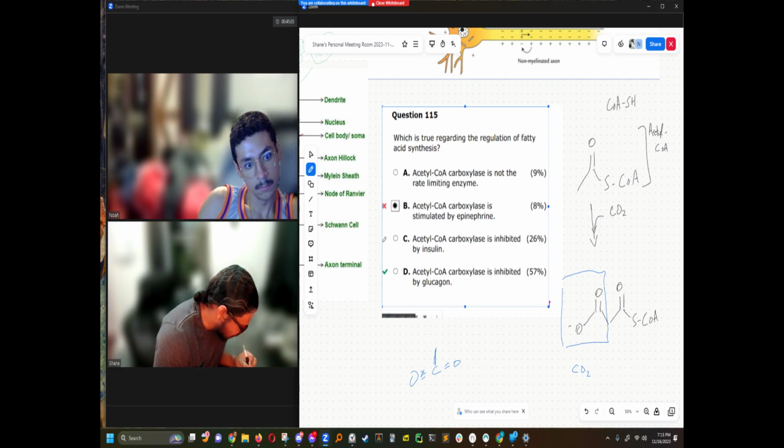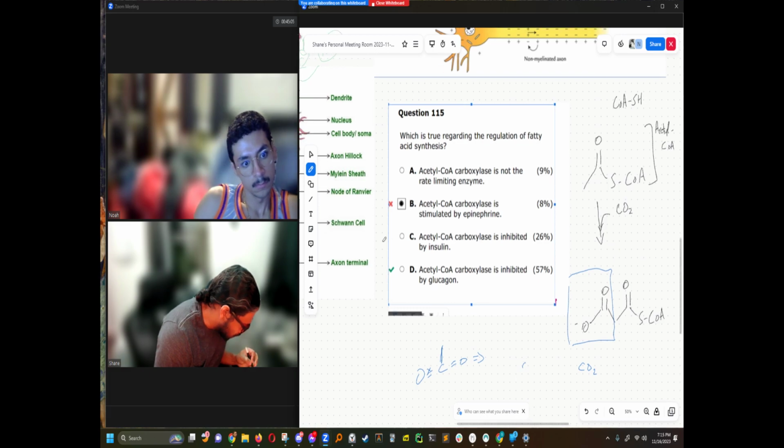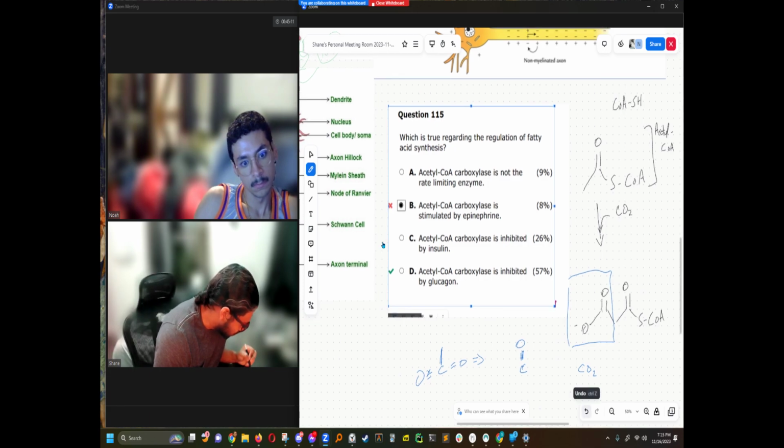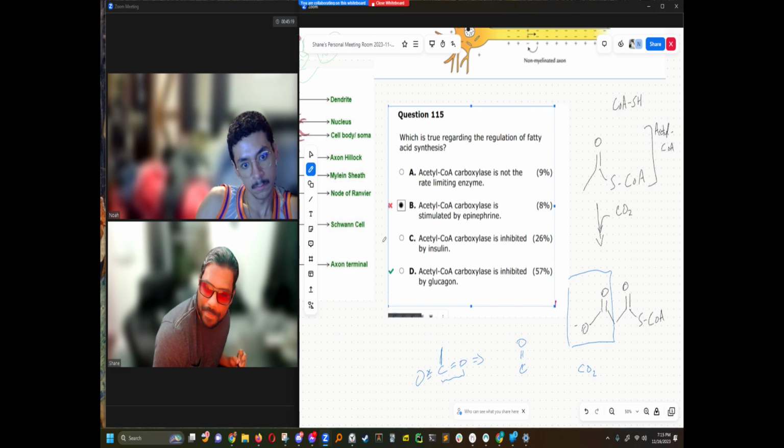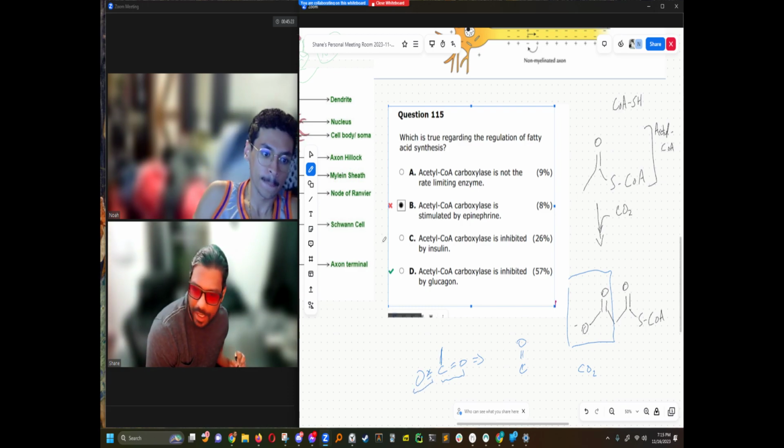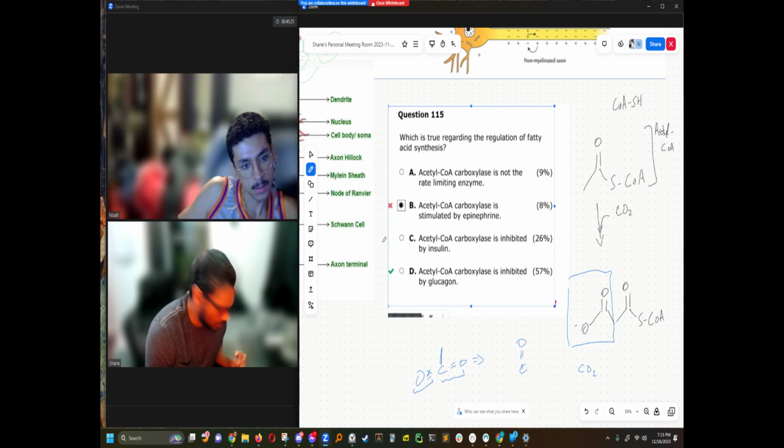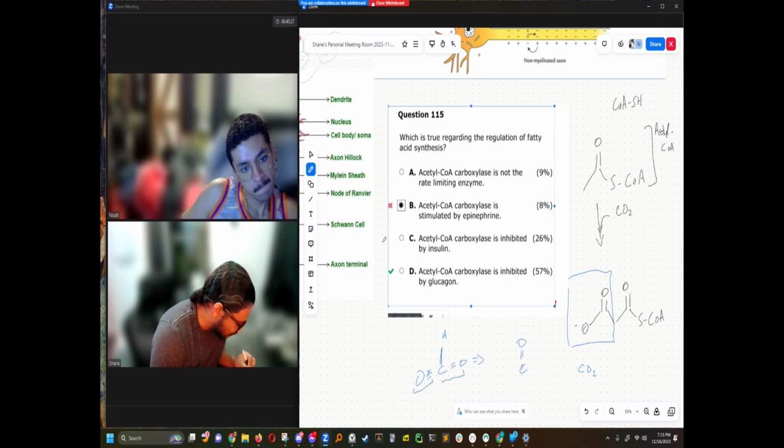So you'll still have the C double bonded to the oxygen over here, but this one here would be single bonded to the oxygen, because this is where the molecule binds to the reactant.